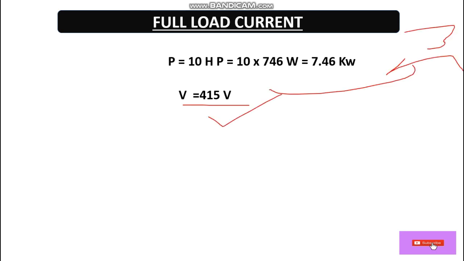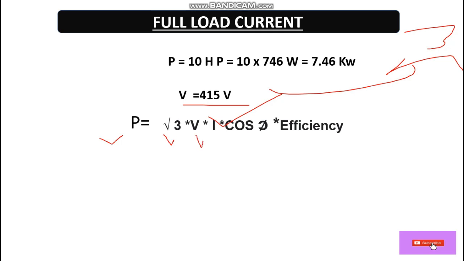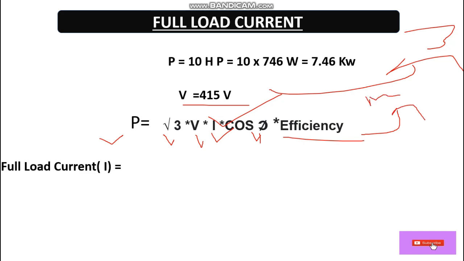This is the formula we are going to use to calculate the full load current. I equals power divided by root 3, V, cos phi, and efficiency, where cos phi is the power factor and efficiency is the efficiency of the motor. So let's put in the values of all these parameters.